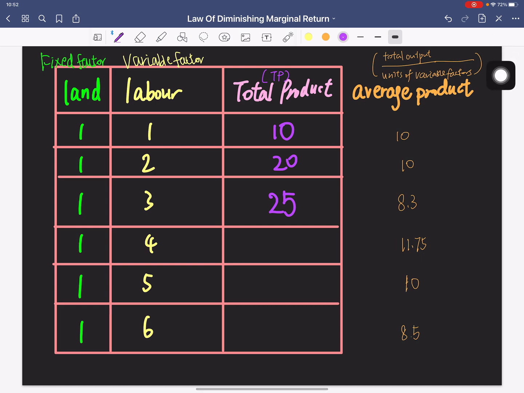I know if you use the calculator, it's 24.9, okay, because I didn't get all the decimal places here. 4 times 11.75, we have 47. 5 times 10, we have 50. The last one will be 6 times 8.5, we have 51.